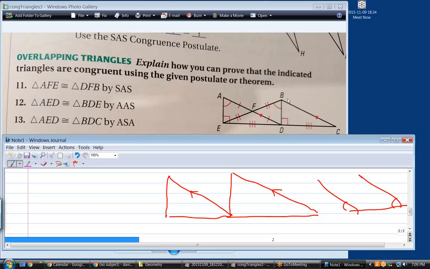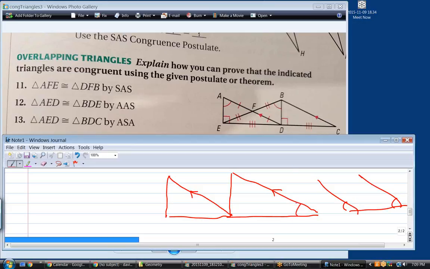But the fact is that makes this angle, I can't call that angle D, that's angle EDA, the same. And the right angle is the same. So there's our two angles.